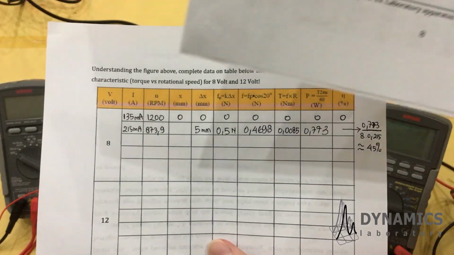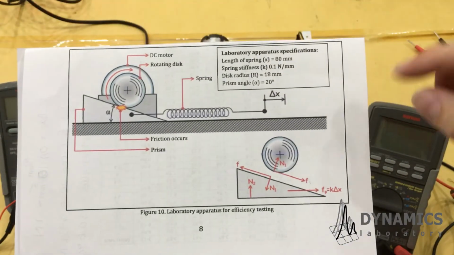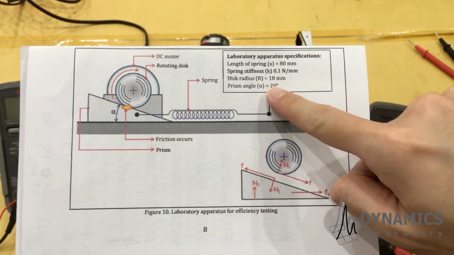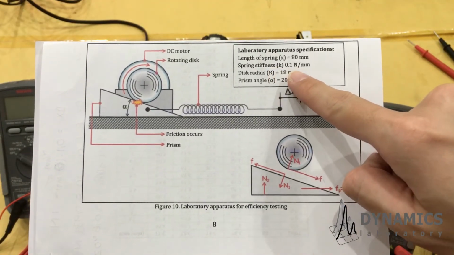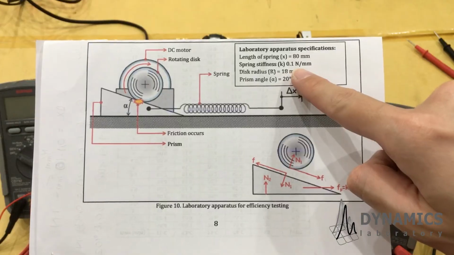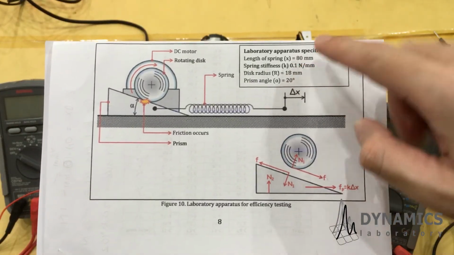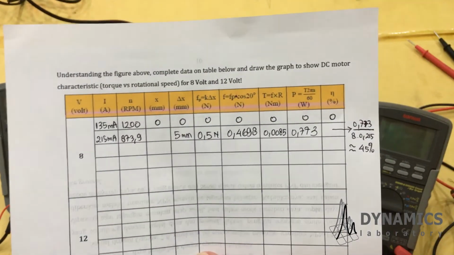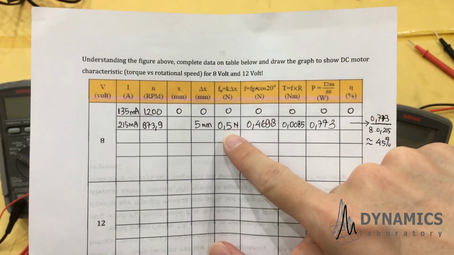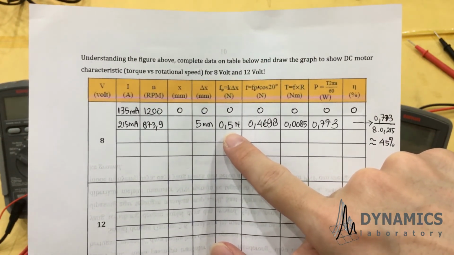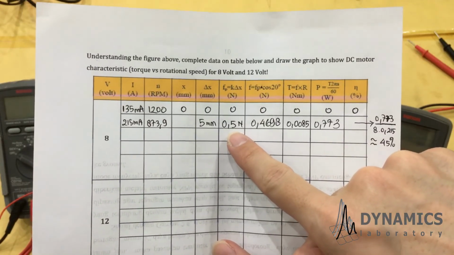From the module, you also know that the disc radius is 18 millimeter. Meanwhile, the spring stiffness is 0.1 Newton per millimeter. That's why for the first calculation, you can calculate the spring force, K multiplied by delta X.